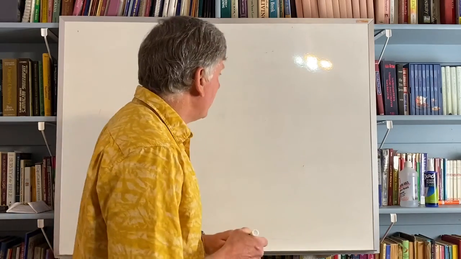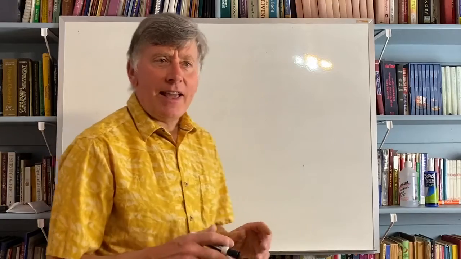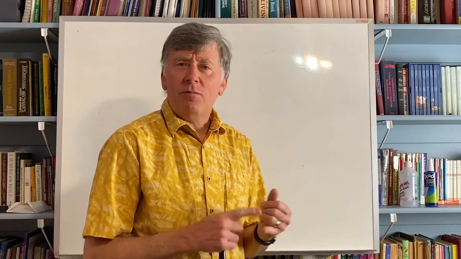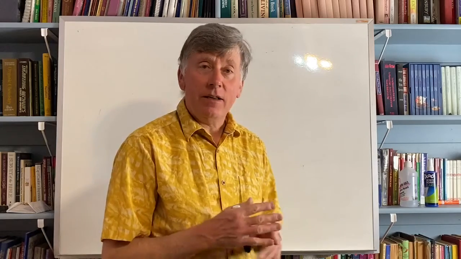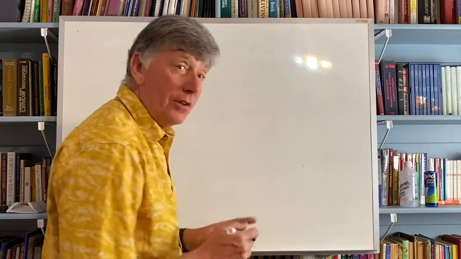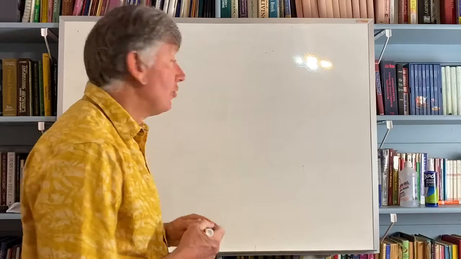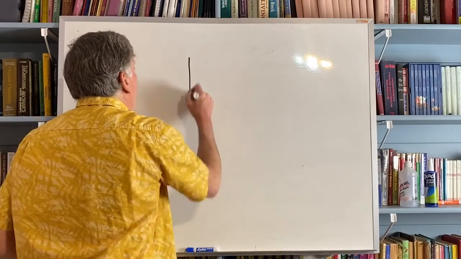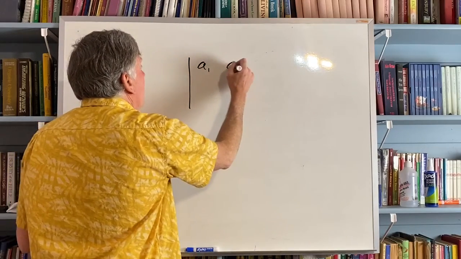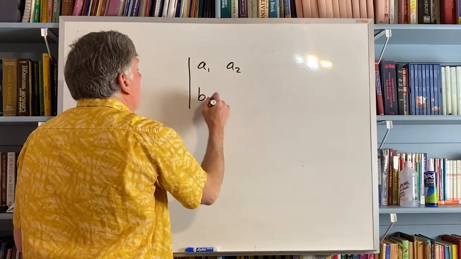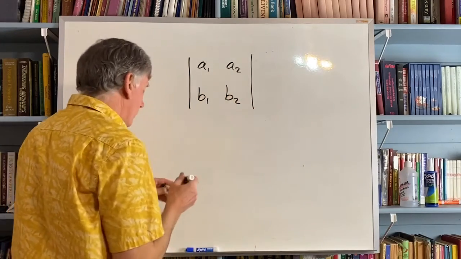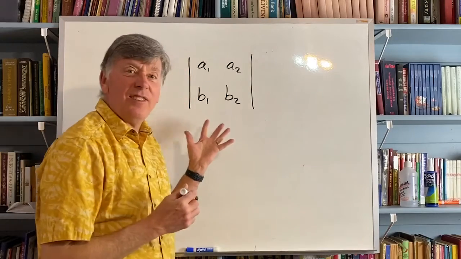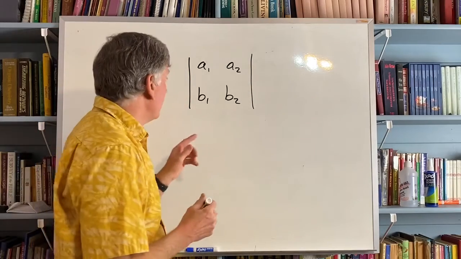A determinant is basically a rapid way of multiplying and adding an array of numbers together. I'm going to start with a 2 by 2 determinant, where I have A1, A2, B1, B2, and I draw this line right here. This is how we display a determinant.